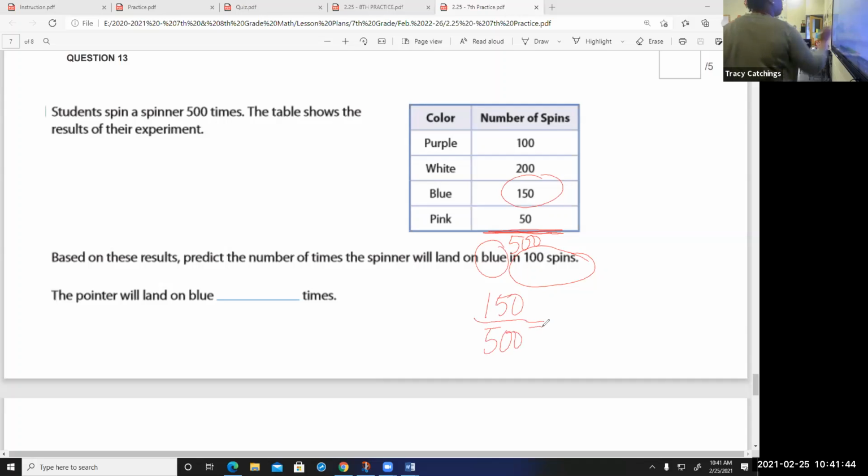Now they said our denominator is what? Good job. We know that to be 5. Divide 150 by 5. All right, so then I would say blue 30 times, and there's your fraction equivalent.